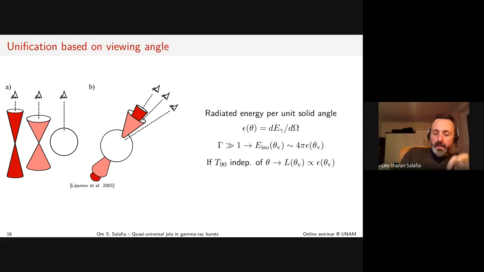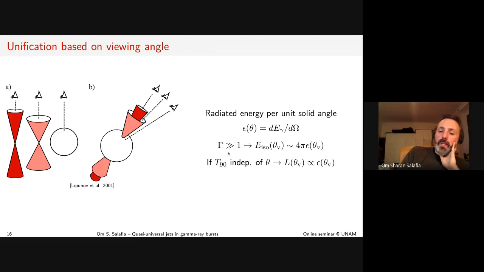So let me again summarize. The idea is you can have an angular distribution of radiated energy per unit solid angle. So it is this function epsilon of theta, which is the energy per unit solid angle radiated by the jet, and this theta angle is measured from the jet axis out.